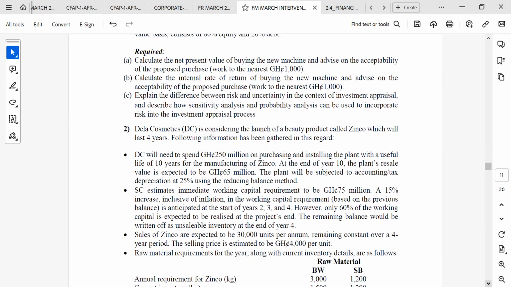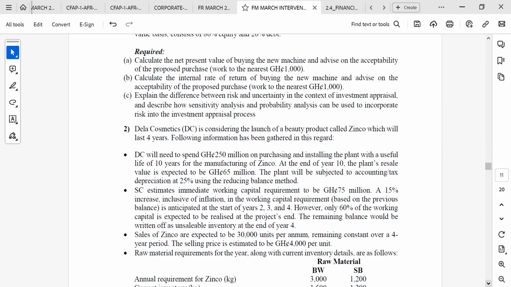4 years. Okay. We need to spend 250 million on purchasing and installing the machine with a useful life of 10 years for the manufacturing of zinc. So what is the purchase price of the machine that we'll be using? 250 million.